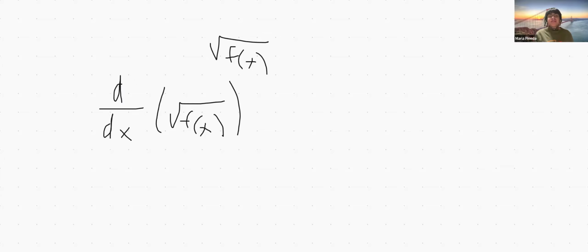Now we're going to apply this method to differentiate the square root of f of x, and we want to find d over dx of the square root of f of x.